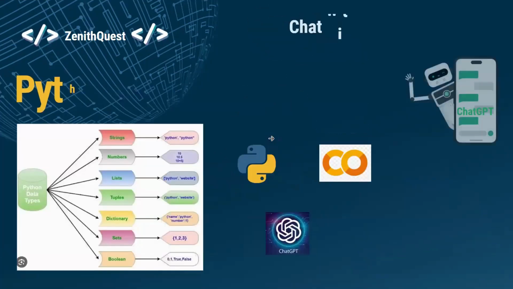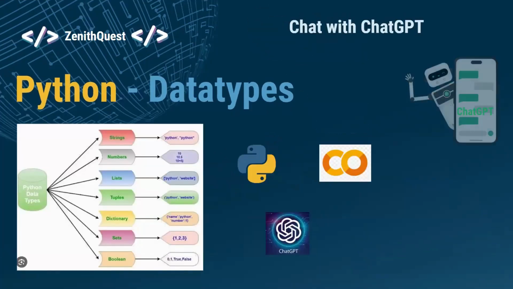As you are all aware, there are various data types in Python. It all depends upon the project and the type of domain you are in. If you are looking at the data analytics field, there will be strings, numbers, lists, tuples, dictionaries, sets, and booleans. If you are going into R&D type activities, the data types will be divided further.